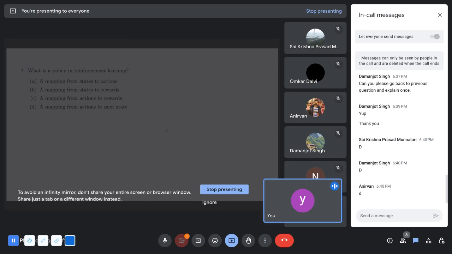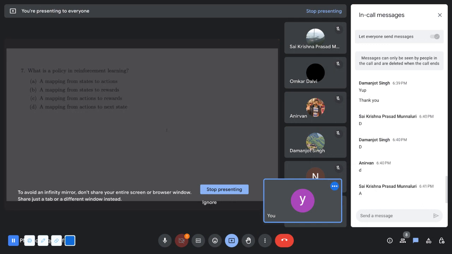What is a policy in reinforcement learning? I explained this. You can tell me what is mapping, what is the policy, how it is defined.